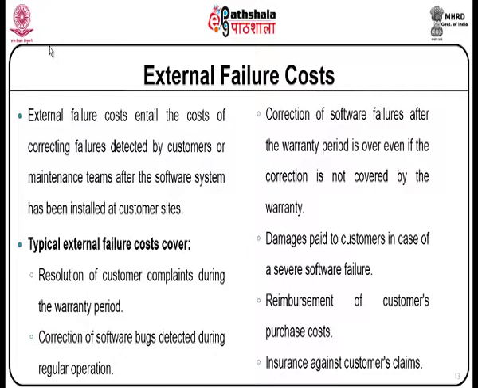Typical external failure costs cover resolution of customer complaints during the warranty period, correction of software bugs detected during regular operation, correction of software failures after the warranty period is over, even if the correction is not covered by the warranty, damages paid to customers in case of a severe software failure, reimbursement of customers' purchase costs, insurance against customers' claims.